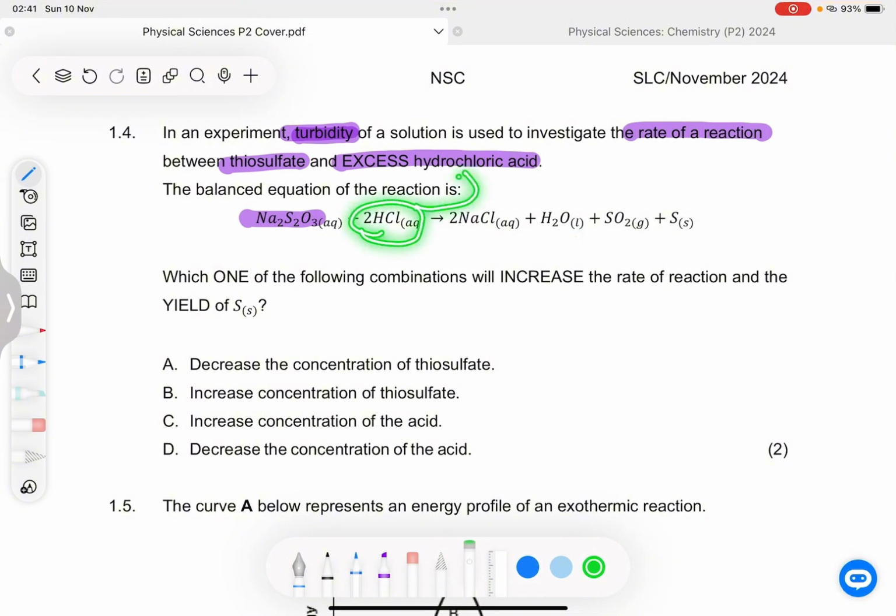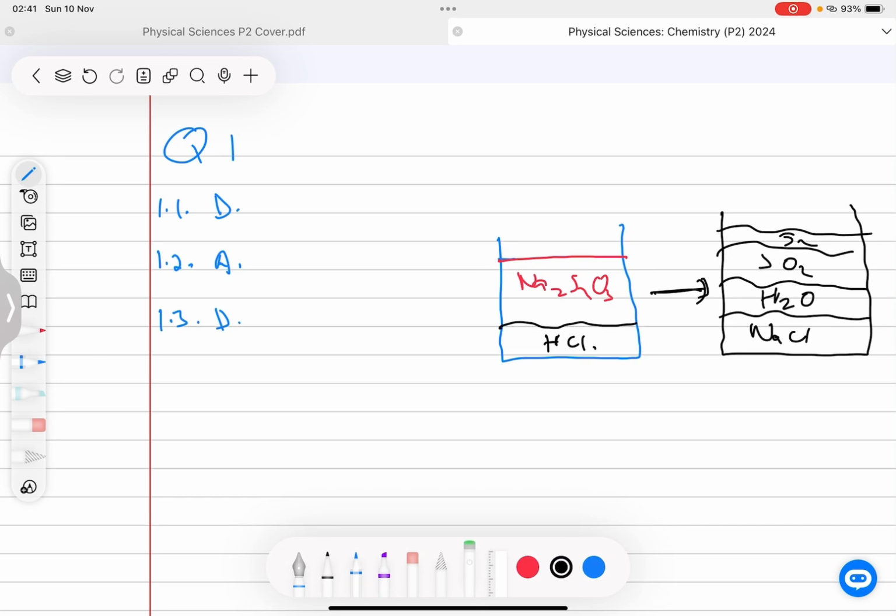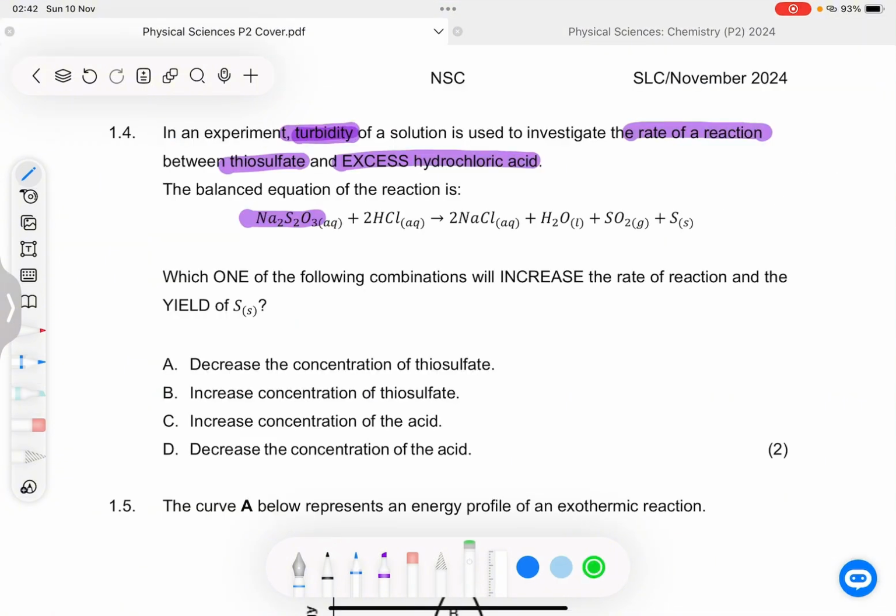When the reaction stops, we'll have excess hydrochloric acid. It means here we'll still have a little bit of hydrochloric acid left because it was in excess. Remember we said here we have a large concentration of this compared to this. So when this gets used up, we still have a certain amount of that being left. Now that's what's happening in this reaction.